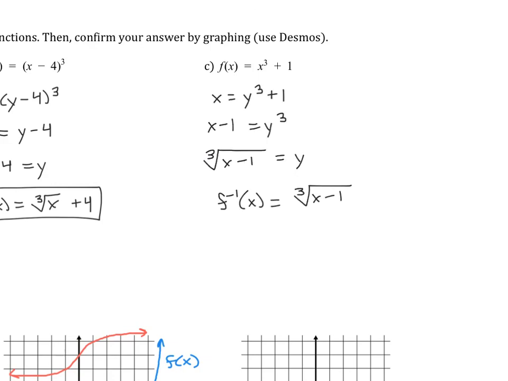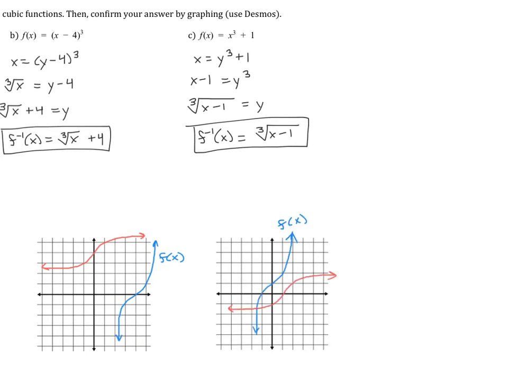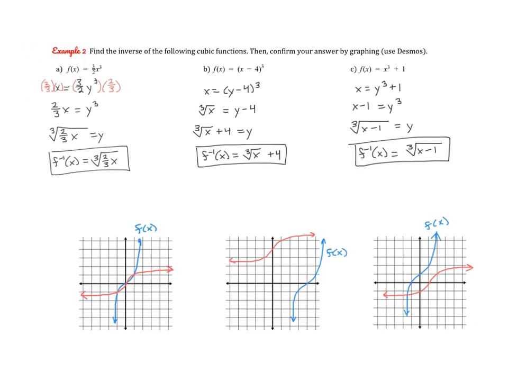Notice the entire thing is inside the cube root. Let's take a look at the graphs to see if our inverse is correct. Our graphs end up looking roughly like this. Here's f of x, here's f inverse of x, and you can see that they are reflected over that line y equals x. So there you have it.